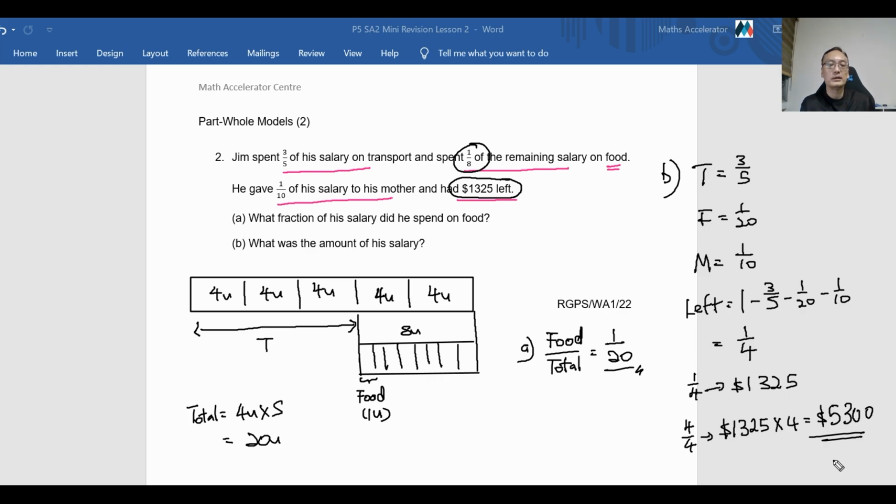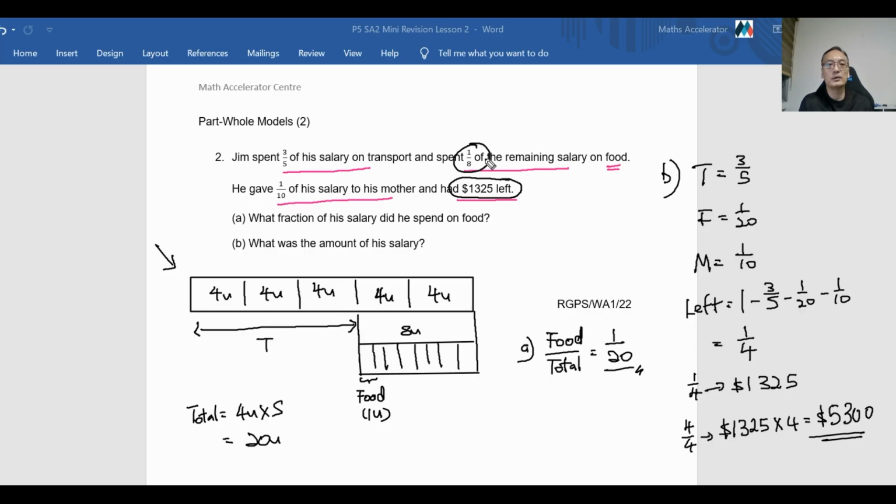So let's recap what we did. After reading the question, as usual, we highlight the important keywords that will help us to understand the question better. And from here, we organize this information in the form of a model. This model will have 5 units initially, and out of the 5, 3 of these bigger units belong to the transport.